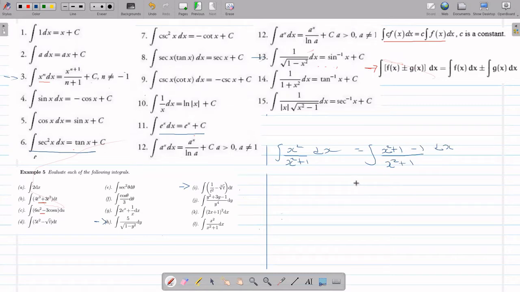Now I can use this. This x squared plus 1, I can break it down to two of them. Here plus 1 and minus 1 cancel out, no?